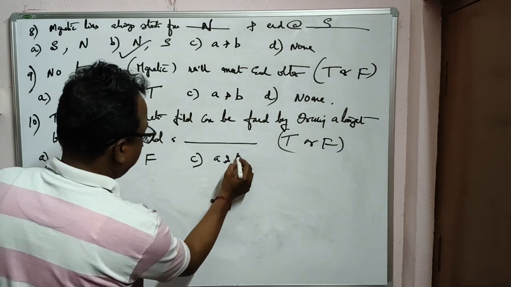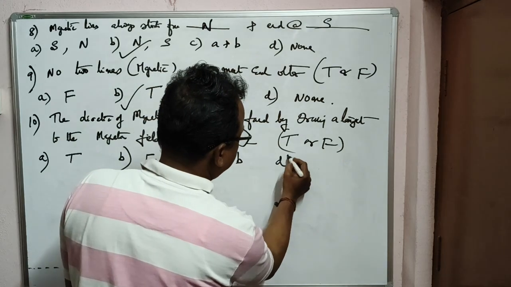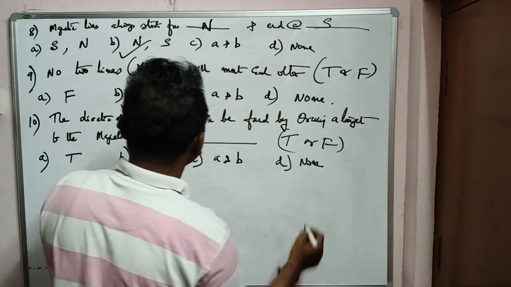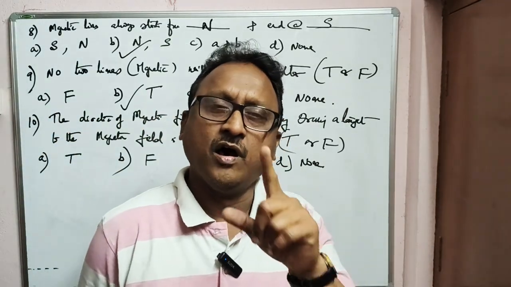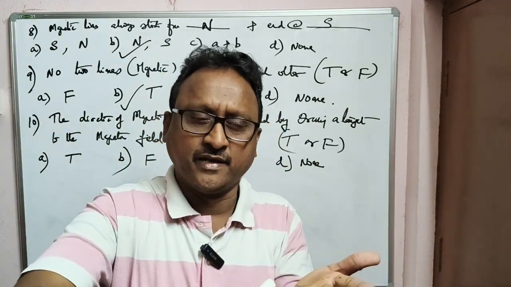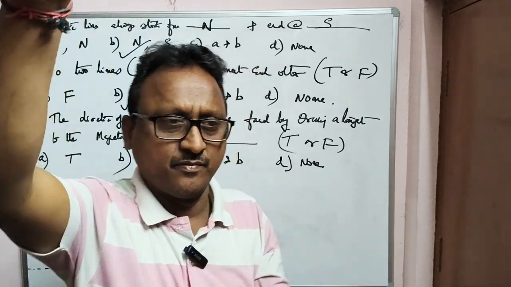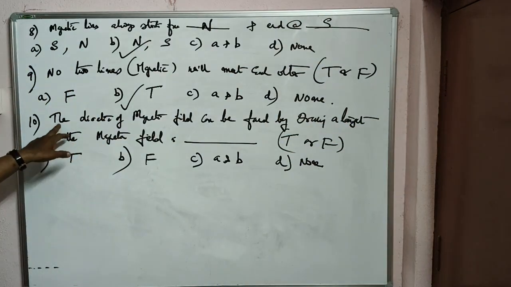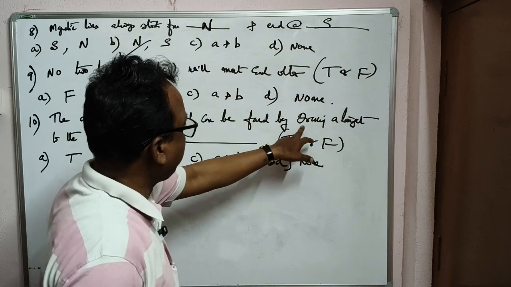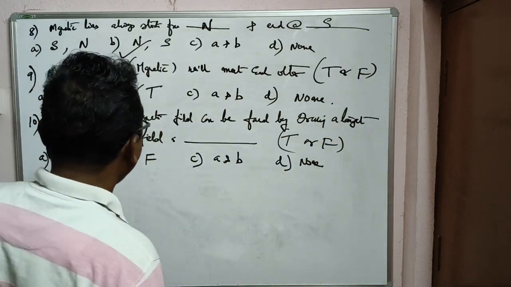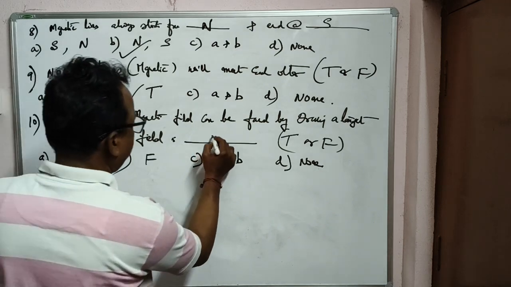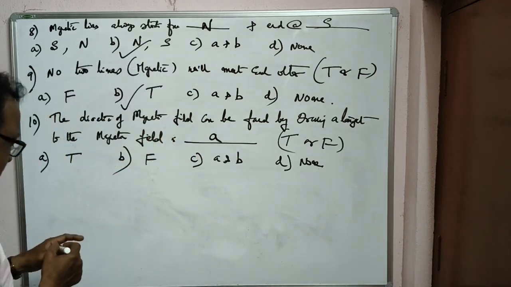C, A and B. D, none. As I told you from the concept, to find the directions, you always have to draw the tangent at that point. That tangent indicates the direction of the magnetic field. So the direction of magnetic field can be found by drawing a tangent to that magnetic field. Is the statement correct? True. So A. Clear?